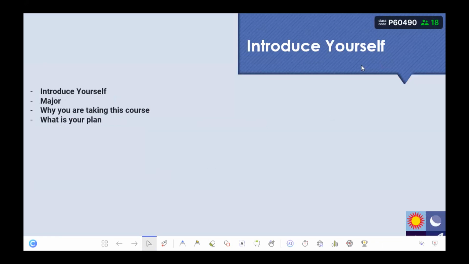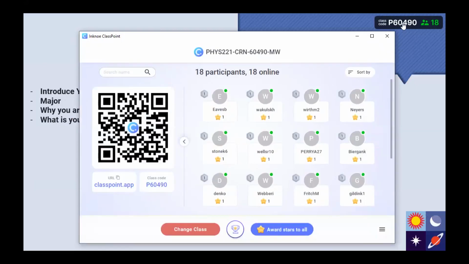And I think one student joined now. Okay, so if you haven't joined, you can scan this QR code and also register with your LCC username. Or you can use this URL address, with your laptop.